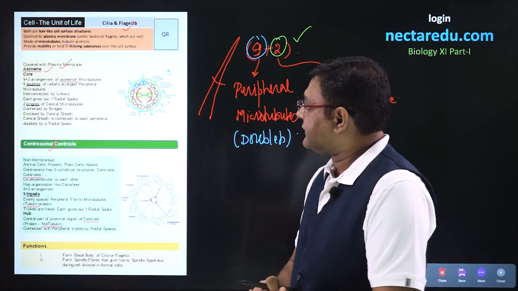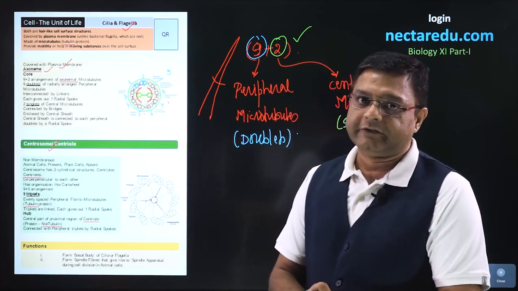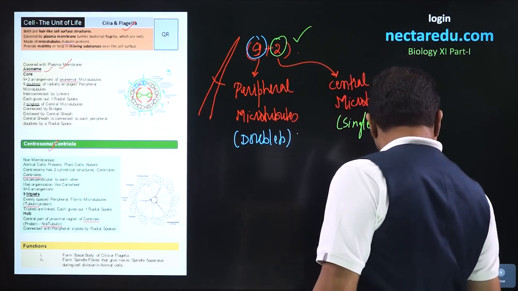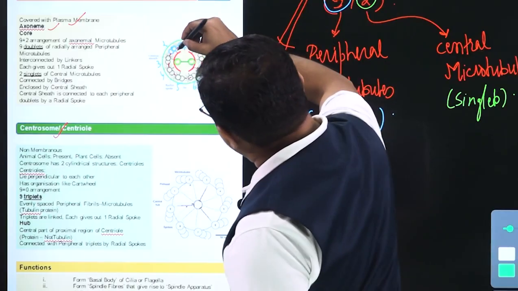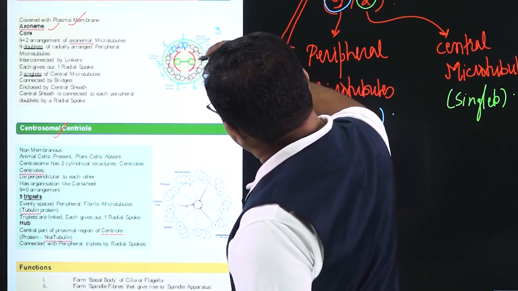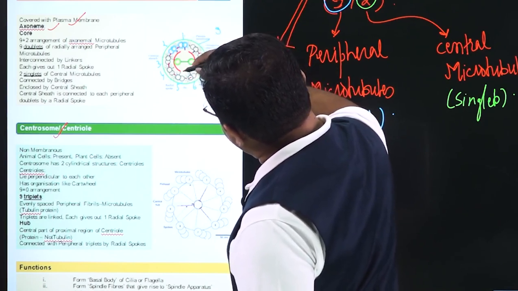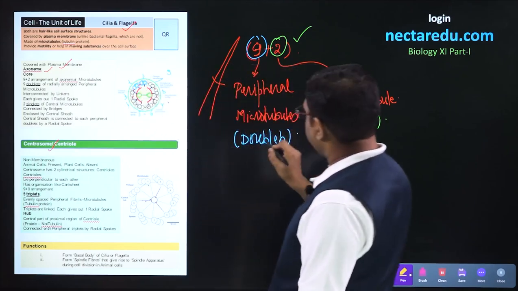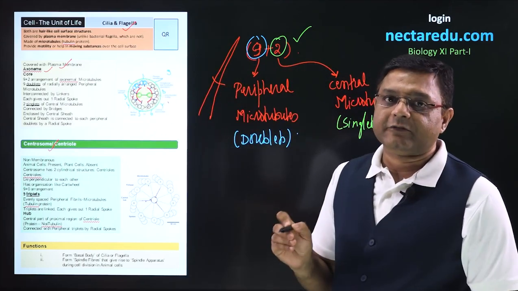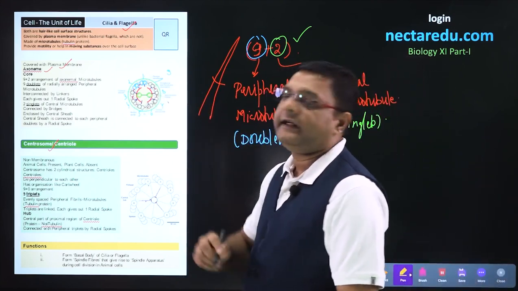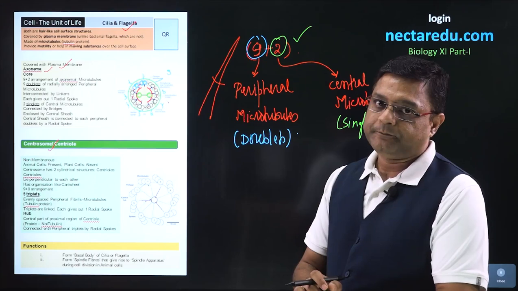The second structure which is present here is called radial spokes. Radial spokes are structures which will arise from each doublet. From each doublet, one radial spoke will arise. So, total there will be 9 radial spokes.